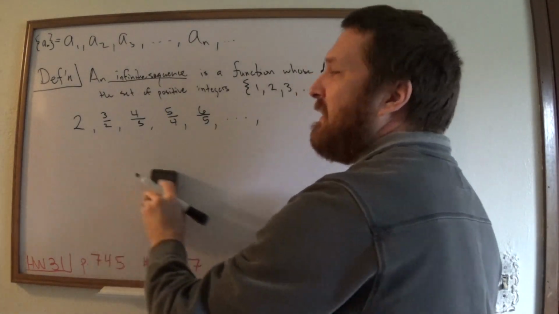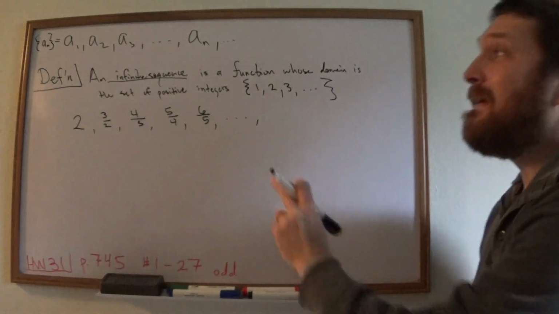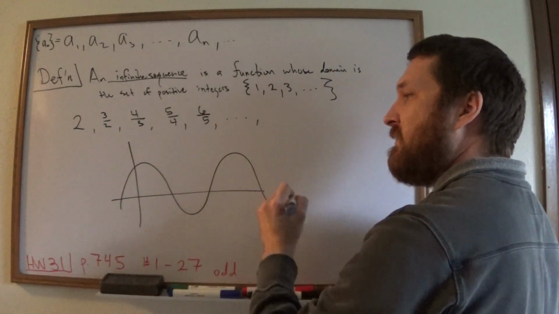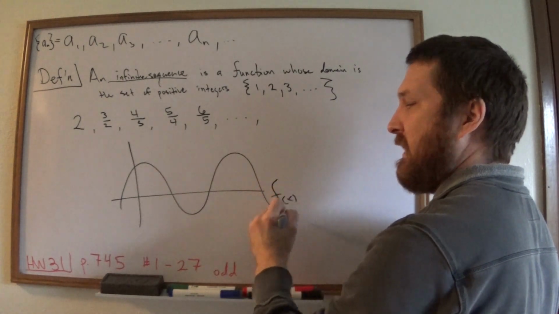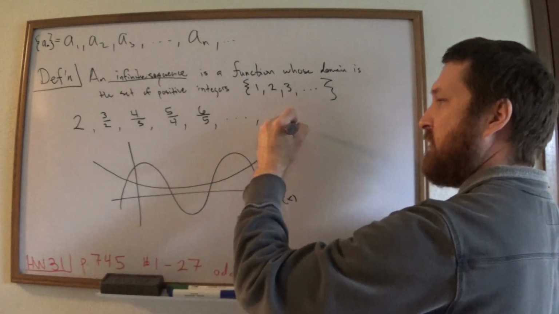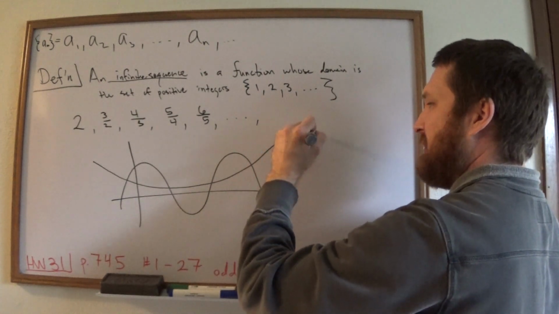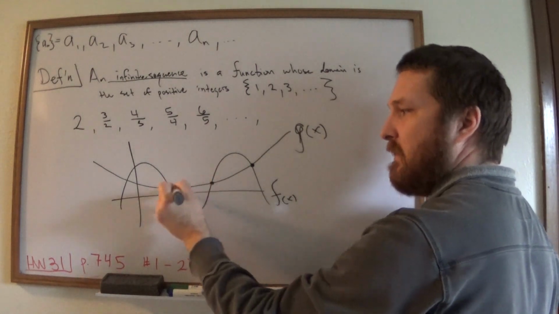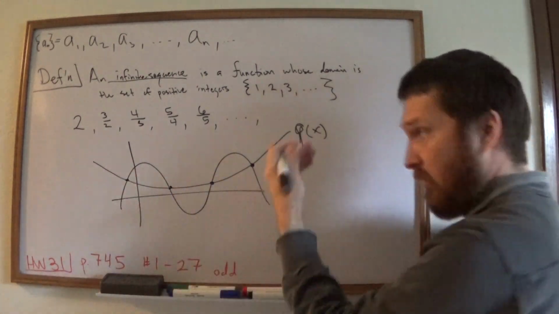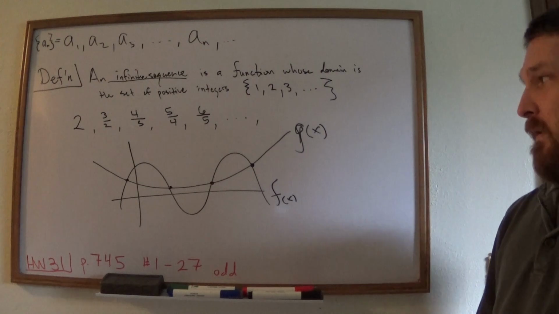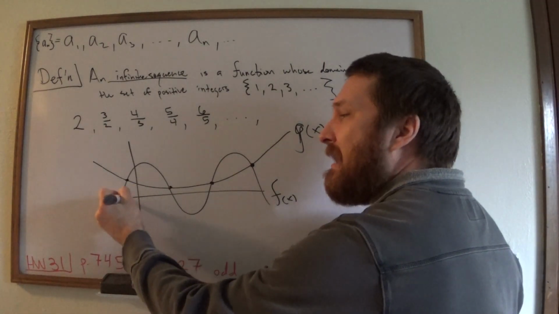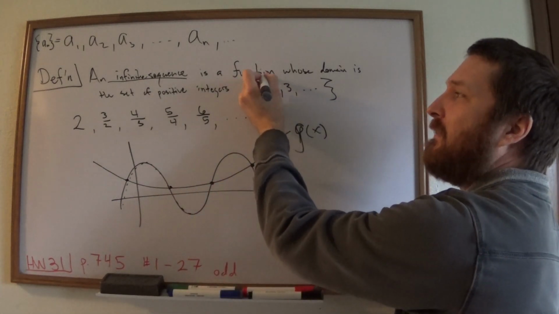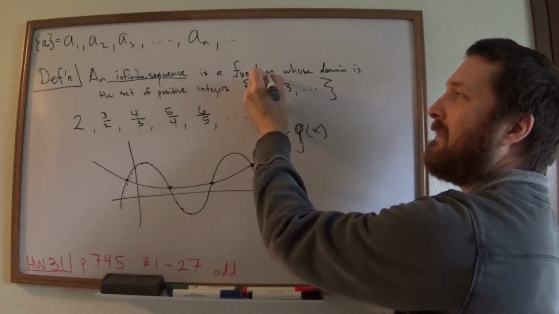The only way that two sequences are equal, and since a sequence is a function this makes sense, is this. If you remember before, we'll say this is a function f of x, and this is a function g of x. Yes, they might be the same here and here and here and here, but are they the same function? No, they have to agree at every single point. It comes from the fact that we're defining a sequence as a function.